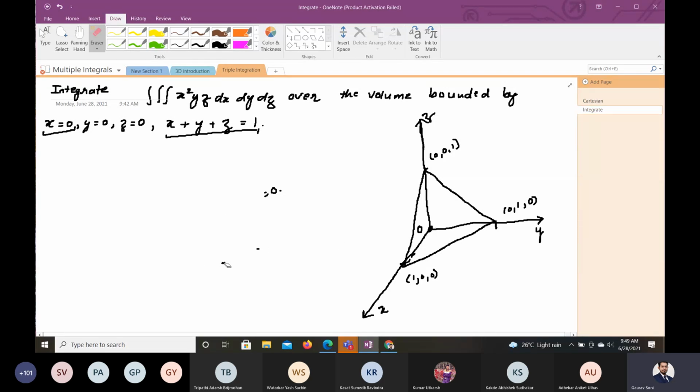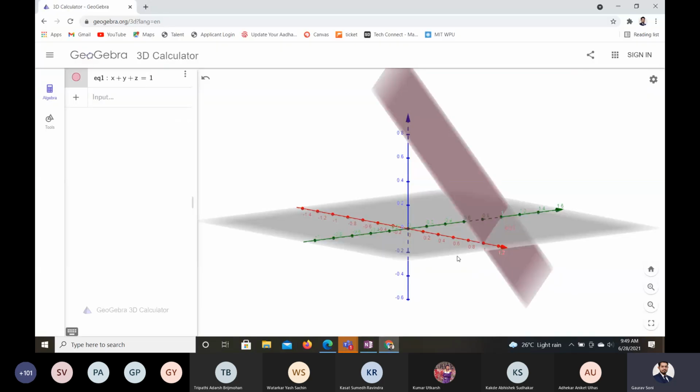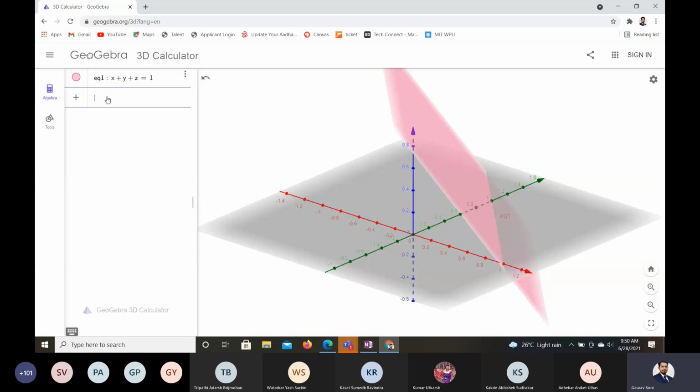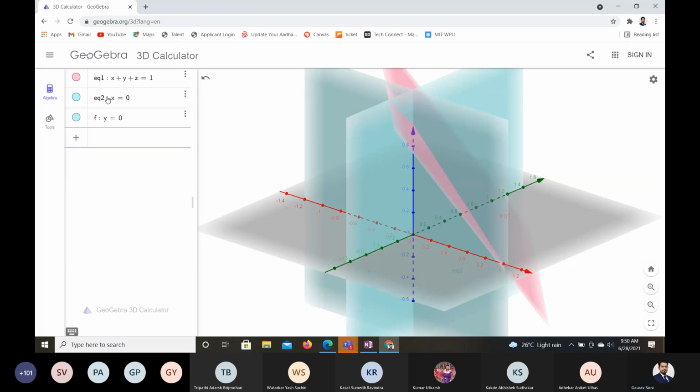Okay. So in order to understand this, look at the actual graph. What I have done here is I will put the equation x equal to 0, y equal to 0, z equal to 0.